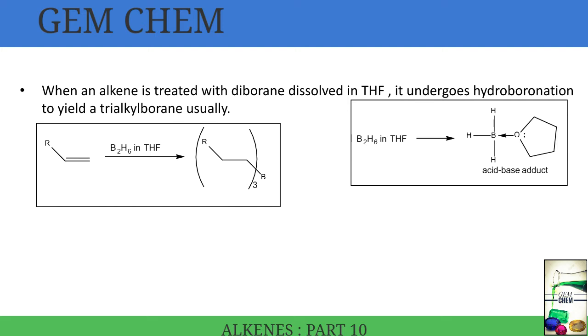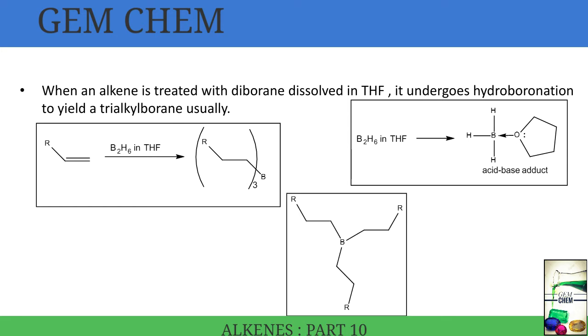The hydrogen attaches to one of the doubly bonded carbons and boron to the other, and we usually see that the boron gets attached to the less hindered carbon. When a terminal alkene is used, boron is attached to the terminal carbon. This structure is represented by boron attached with 3 alkyl groups.